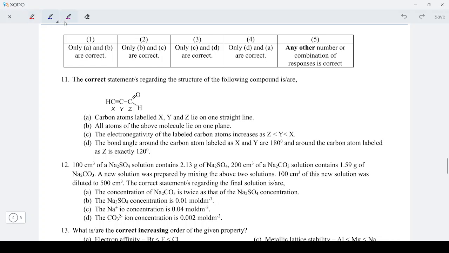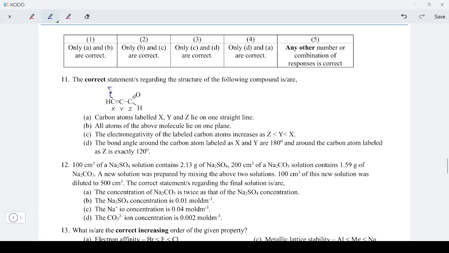In order to do that, let's draw it in a way that represents the bond angles. Then only can we see whether they are on the same straight line or not. Now you can think of the 3 carbon atoms here. If you take this X, you can see there are 2 repulsion units around it, the triple bond and the single bond made with the hydrogen.